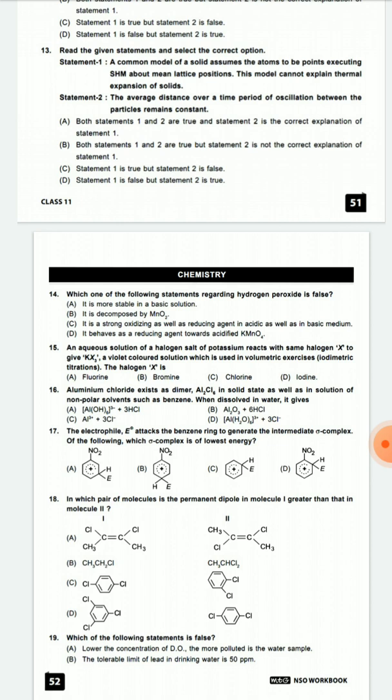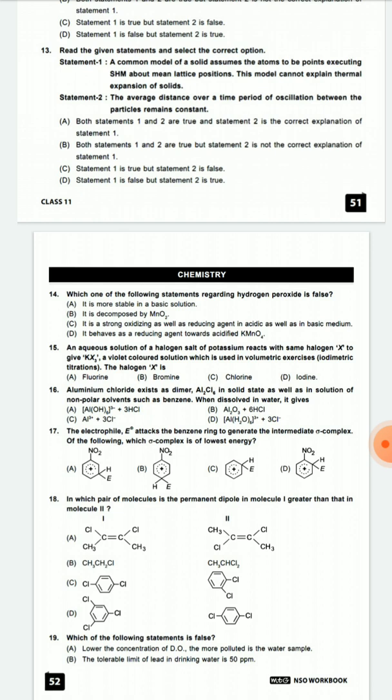Option A is NO2 benzene with E, option B is E with NO2, and option C is the polar attack of the benzene ring to generate the intermediate. The answer will be C.